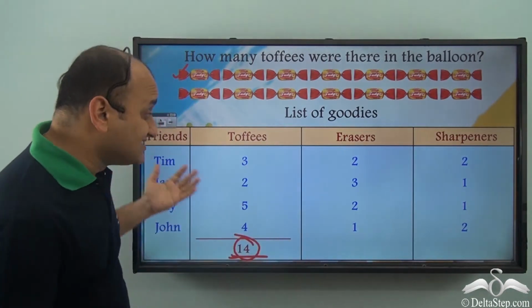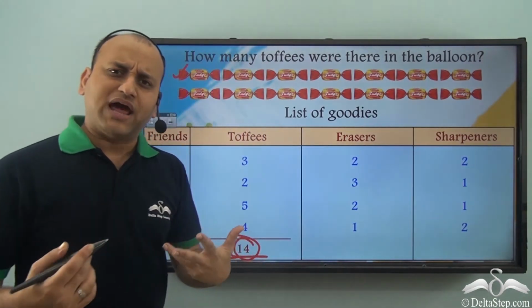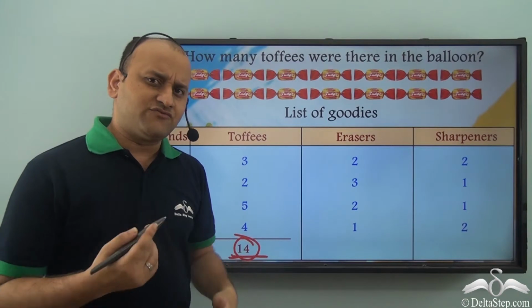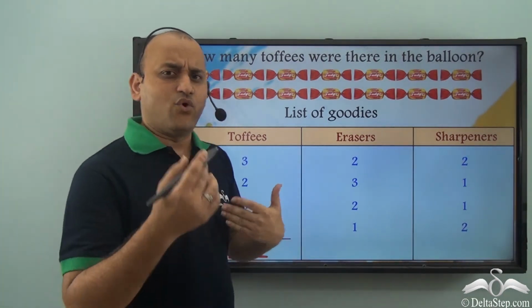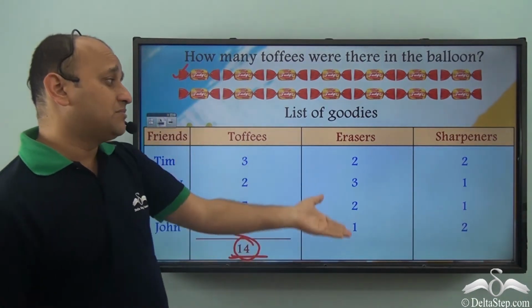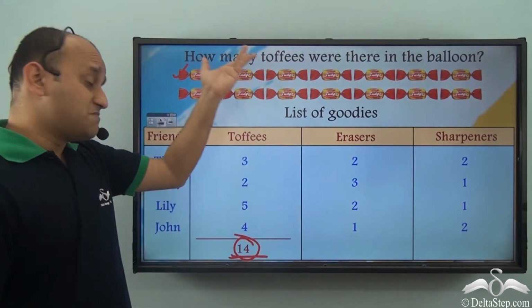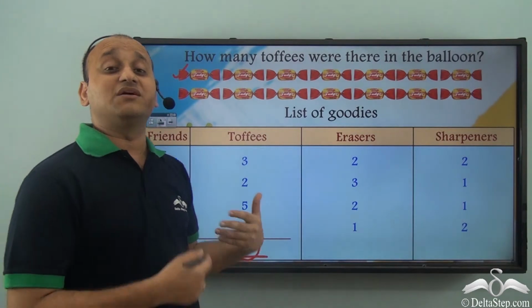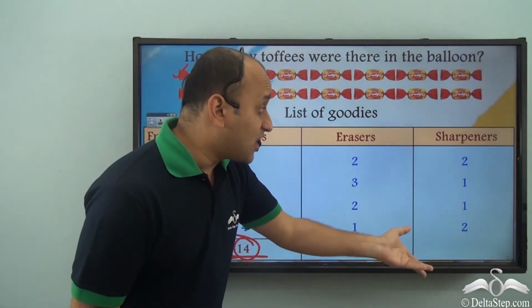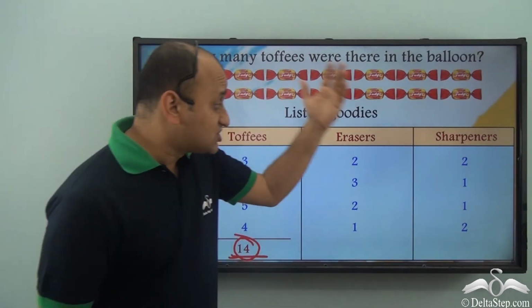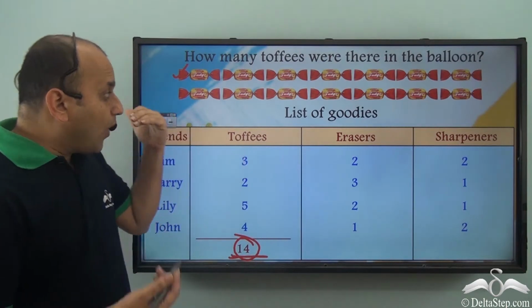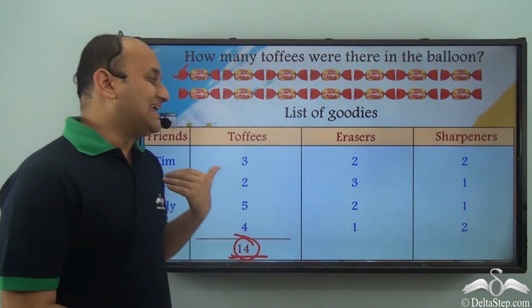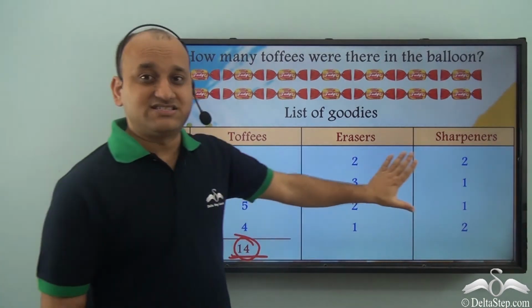And once you had this table, you were able to extract a huge amount of information from this, right? From who collected what and in what number, who had the maximum erasers, maximum sharpeners, maximum toffees, who had the minimum erasers, minimum sharpeners, minimum toffees, also the total sharpeners, total erasers and total toffees in the balloon. All this information is represented by this table.